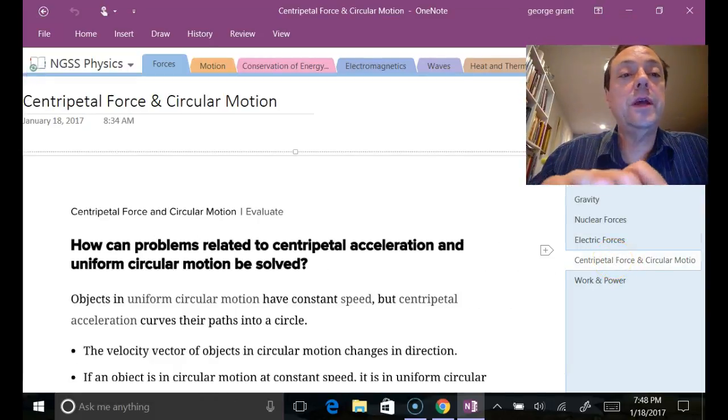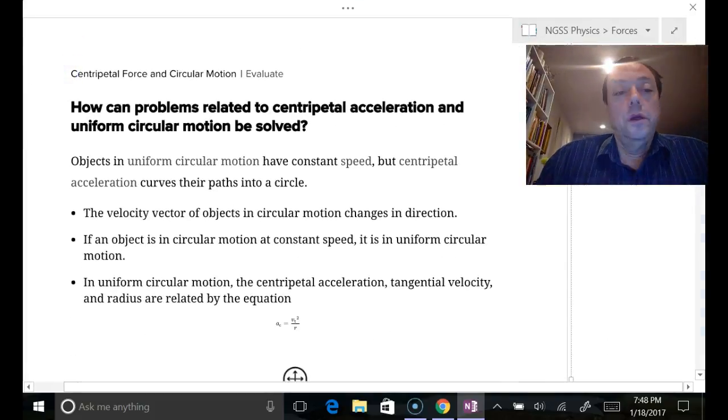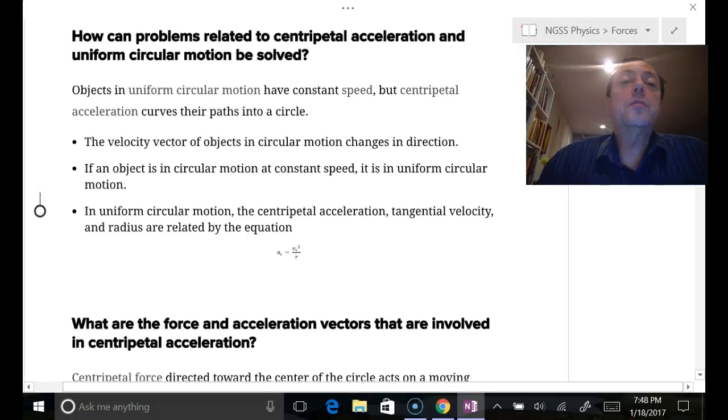Centripetal force and circular motion. So, how can problems related to centripetal acceleration and uniform circular motion be solved? Well, let's talk about what that means.